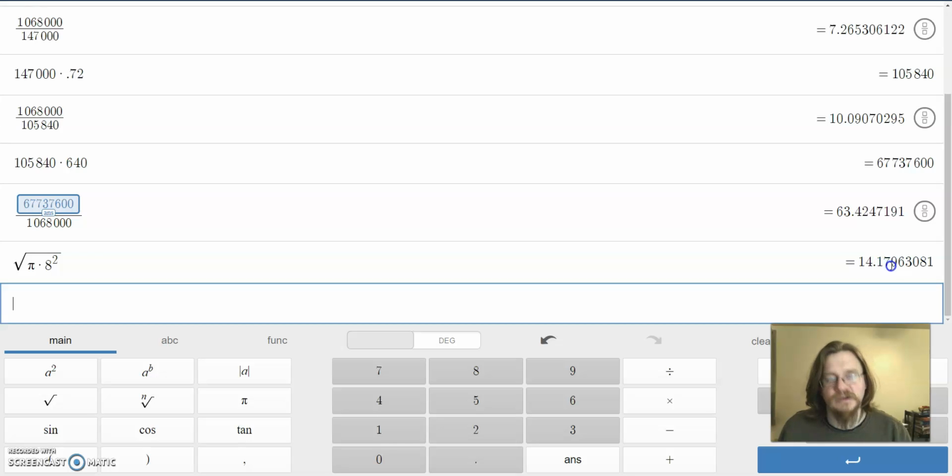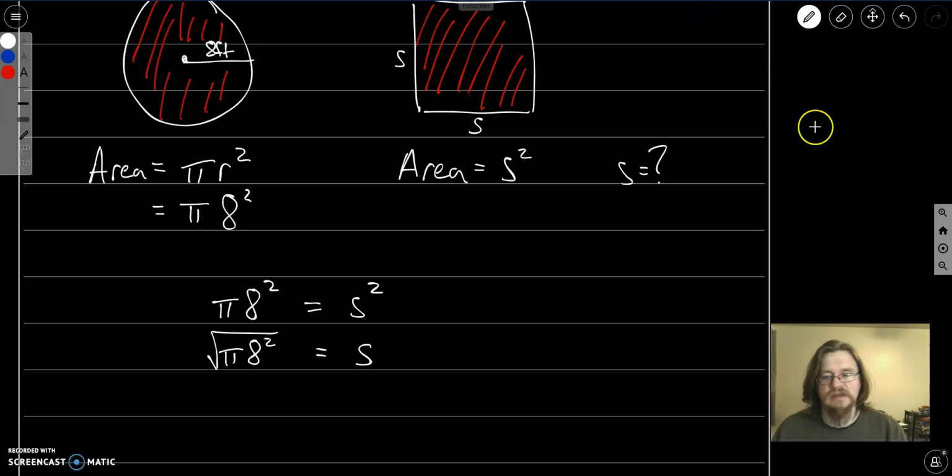Let's round it to the nearest hundredth. So 1/100th is 2 decimal places, so it's going to be at the 7. So it'll be 14.17, except after the 7 is a 9, so we round up. So 14.18.